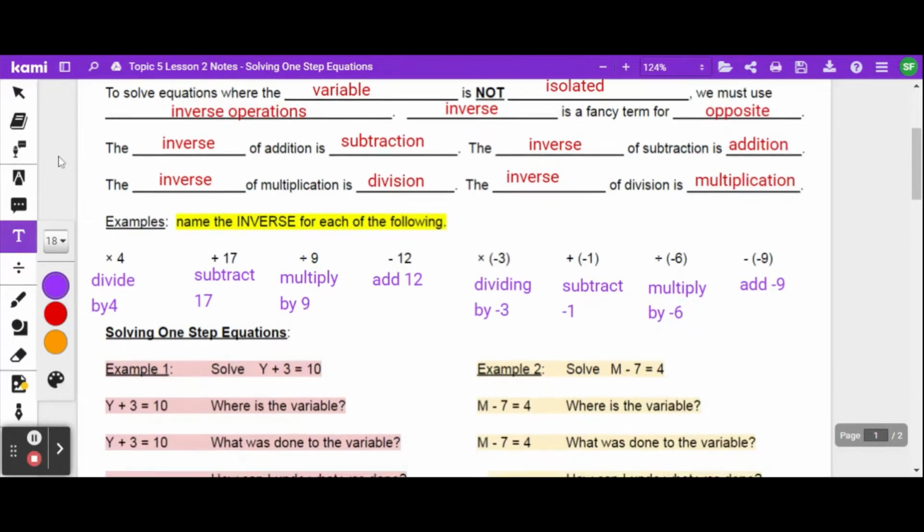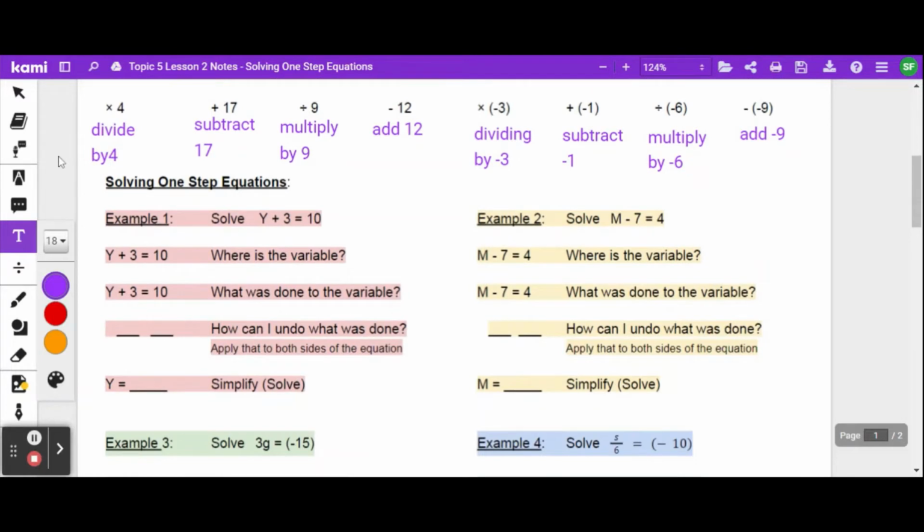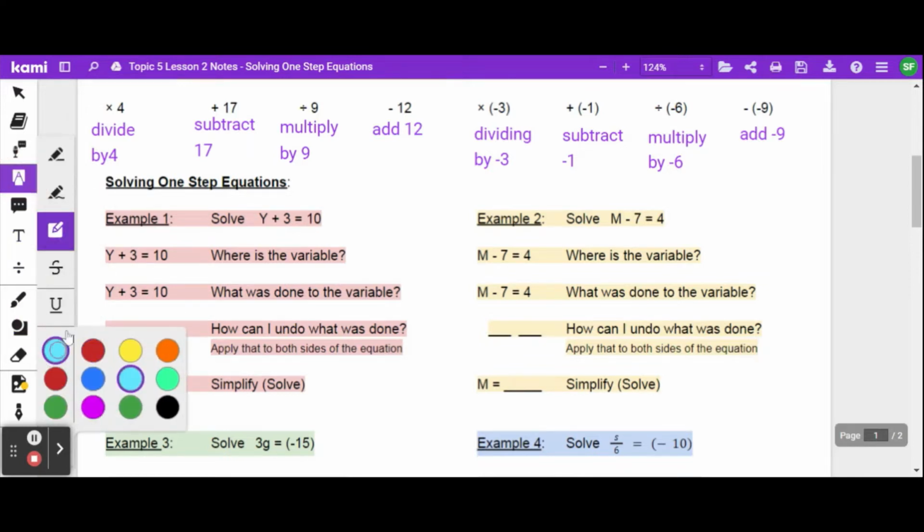If we come down and start looking at some examples of one-step equations, notice that I've color coordinated them. So we'll look at the red one here. That is example 1. The equation is y plus 3 equals 10. The first thing we need to notice is that the variable is not by itself on the left side of the equal sign.